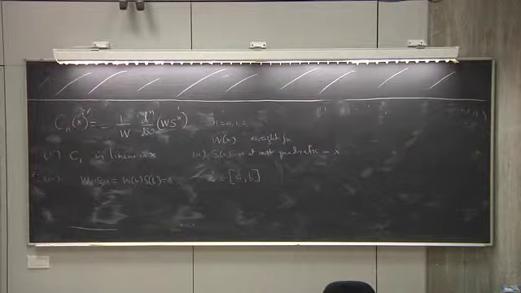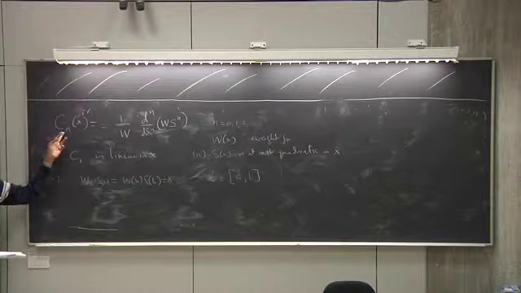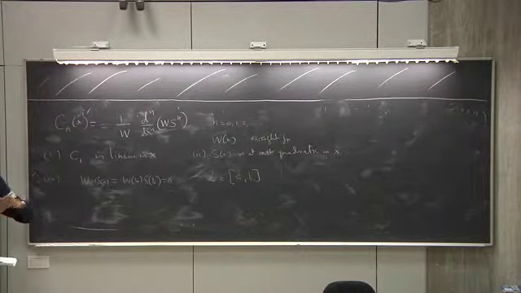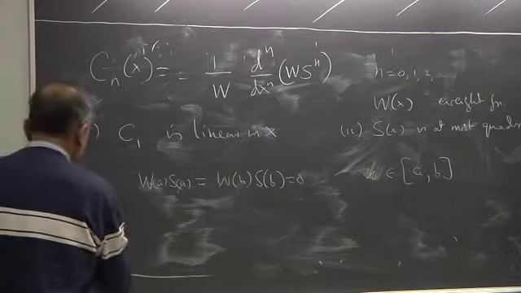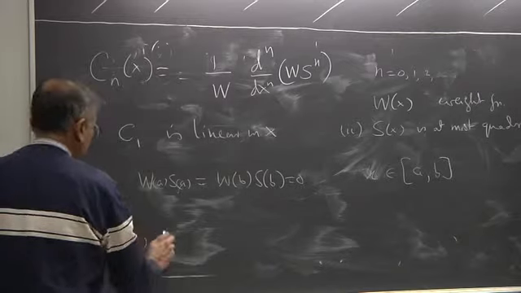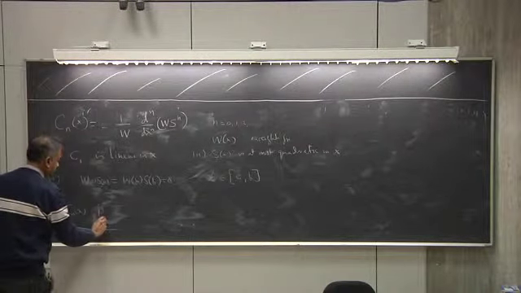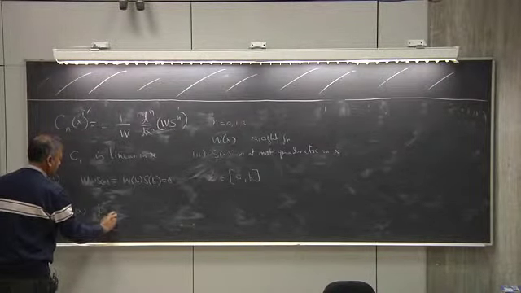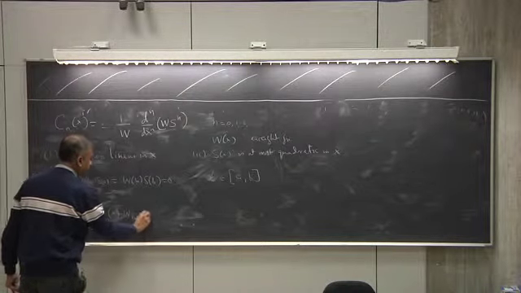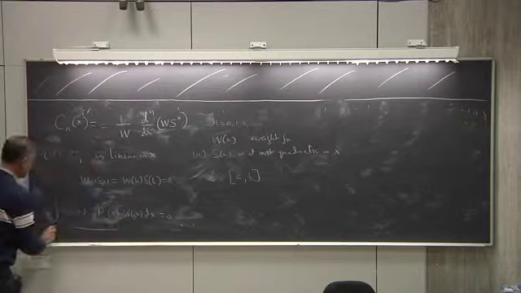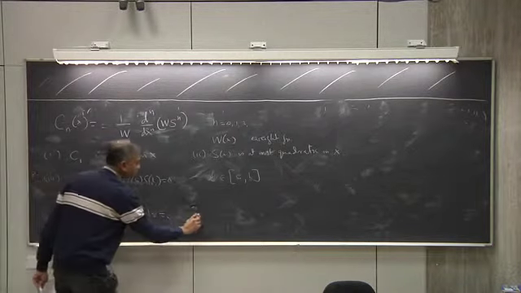These are the three conditions. With these three conditions, we showed that these C_n(x)'s were orthogonal to each other. They are not necessarily orthonormal; we have not normalized them to 1. But what we have shown is that the integral of C_n(x) with any polynomial P_m(x) times w(x) dx equals 0 when m is less than n.